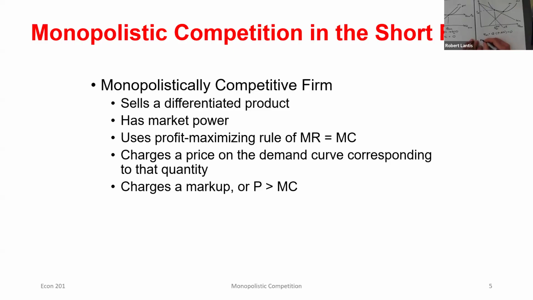However, what is my markup for these monopolistically competitive firms? Well, if it's the difference between price and marginal cost, and I'm going up to the demand curve to set my price, what will always be true about price and marginal cost? Price will be greater than marginal cost, so my markup is going to be a positive amount, right? So even though we're going to have 0 profits for these monopolistic competitive firms, they end up with a markup.